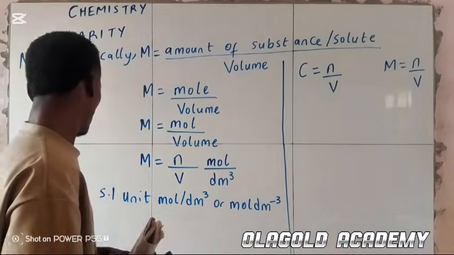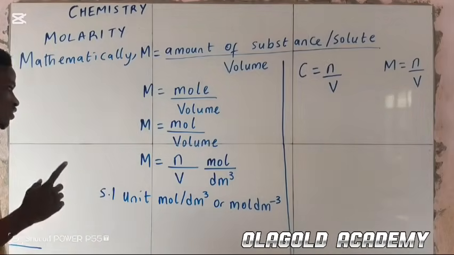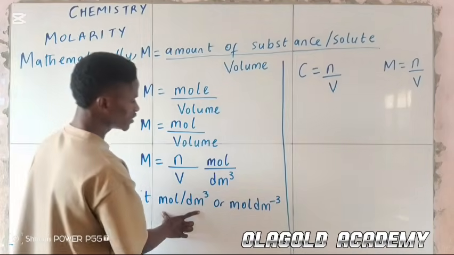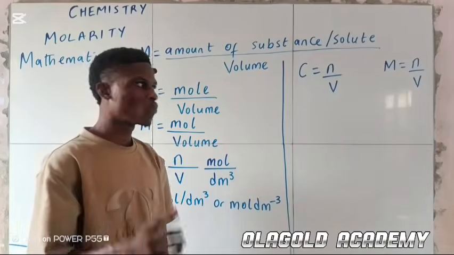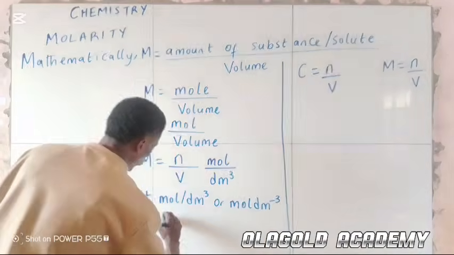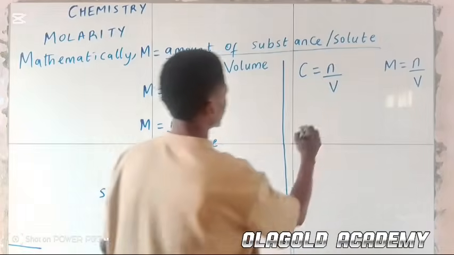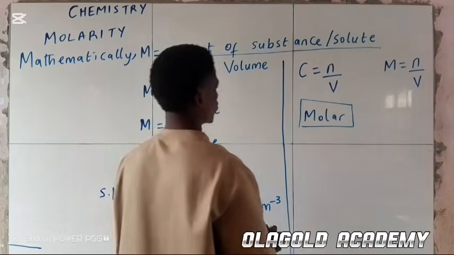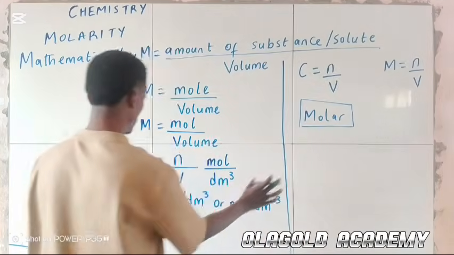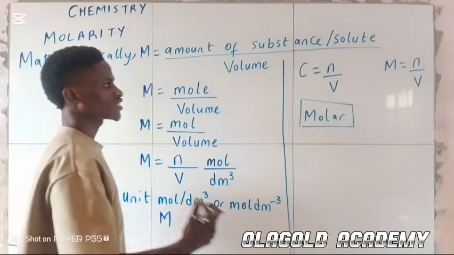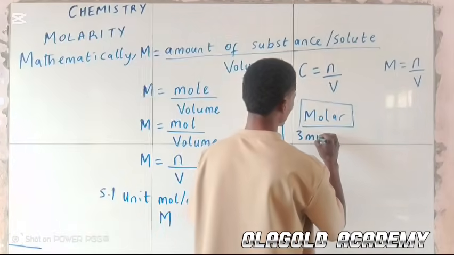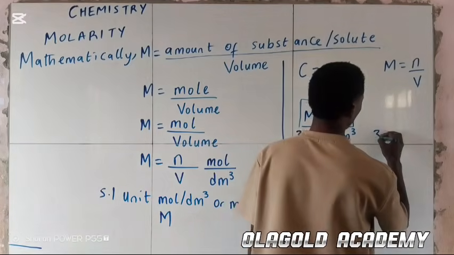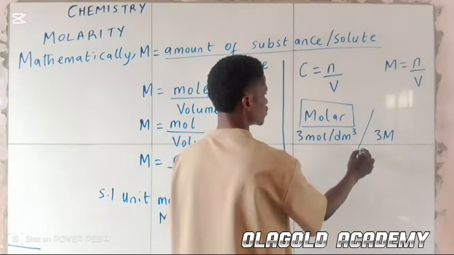And before I forget, one thing also we should take note of is that we can have the SI unit of molarity as mole per dm³, or we can have it as molar. Molar is represented with M. So if I say 3 mole per dm³, and I say 3 molar, I mean the same thing.